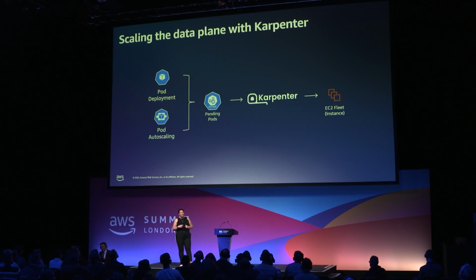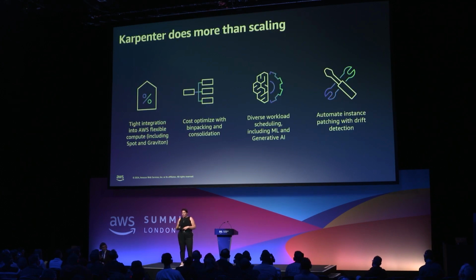Karpenter then replaces these two processes. And so rather than having the Cluster Autoscaler speak to the autoscaling groups, Karpenter does the work. You just define the resources your pod needs, and it then also maximizes those nodes by packing nodes on, and it will move workloads and consolidate your pods as the demand changes to make sure you don't have that underutilized capacity. It does a little bit more than this as well.